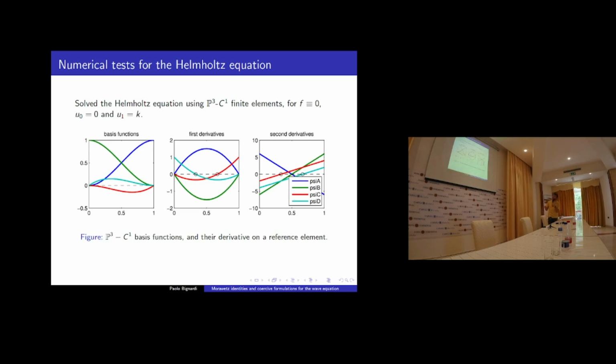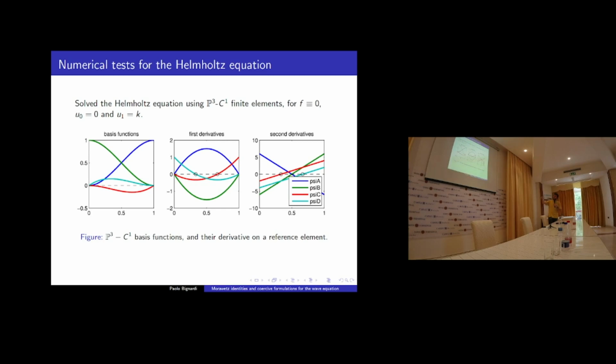Since we are in H2 and we want to use conforming elements, that's the point of the formulation. There's no point in using non-conforming finite elements if we find the coercive formulation; it's, in my opinion, just more work.